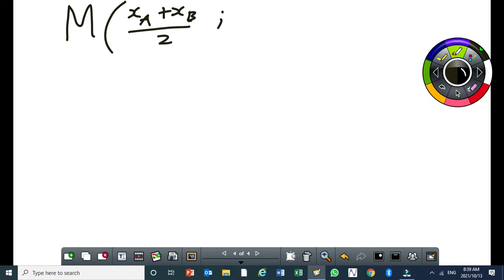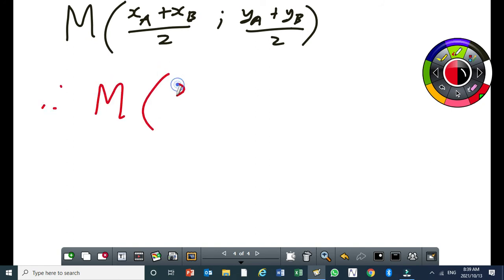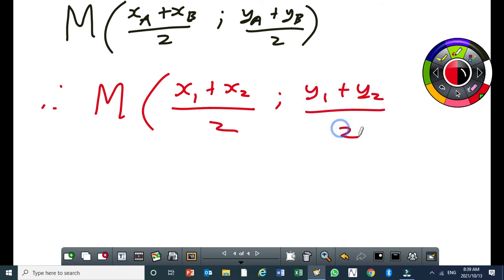The Y value will be equal to YA plus YB over 2, which I can generalize and write as M, x1 plus x2, divided by 2. That's the X value. The Y value will be y1 plus y2 all over 2.